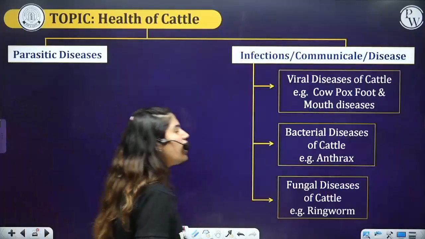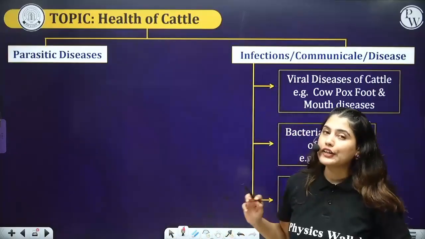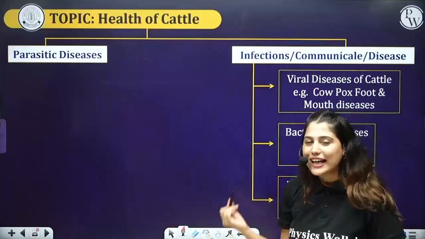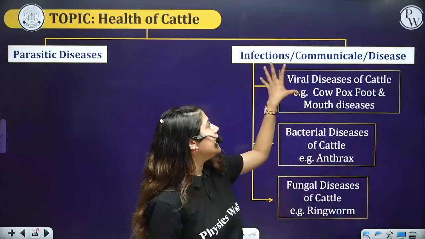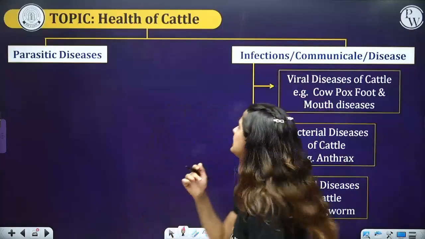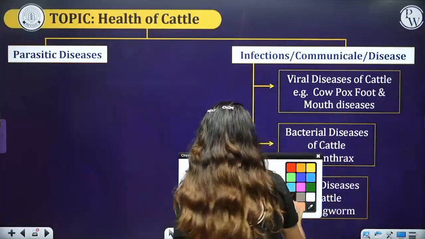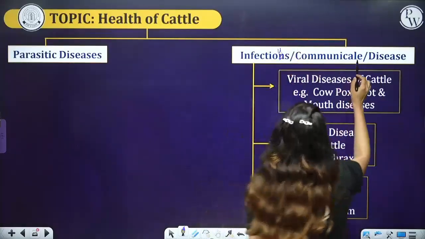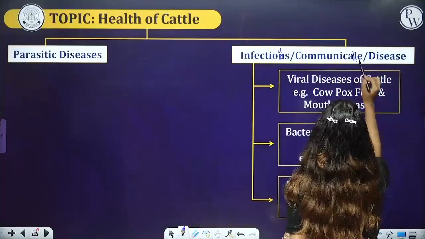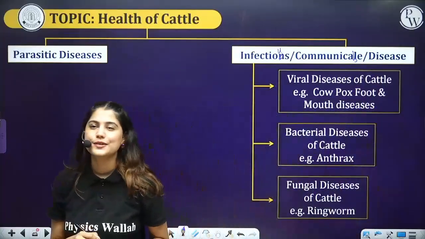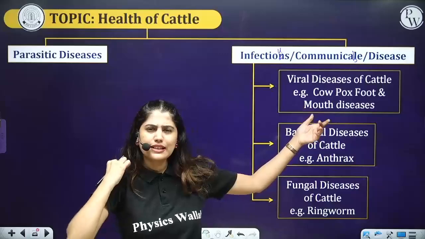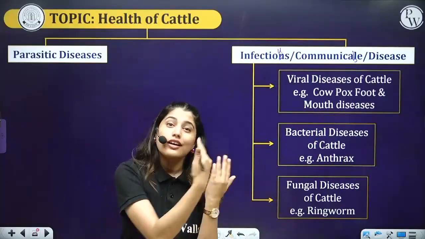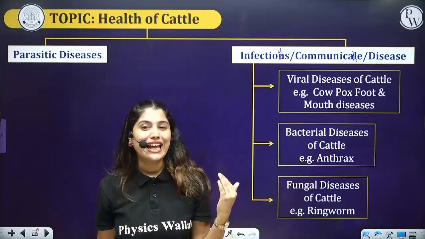Now, yes, the cattle can catch diseases. There can be two types of diseases, the parasitic diseases and the infectious or communicable diseases, right? Infectious, and also communicable diseases, the diseases which can be transmitted from one infected person to a healthy person.